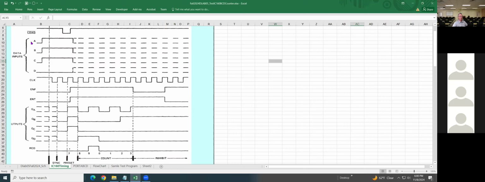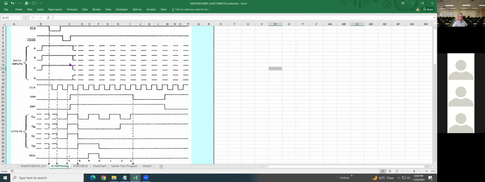In the timing here, you can see the first thing is clear 0. So you go clear 0 right here. Basically, don't care, right? QA, QB, QC, QD, they don't give a logic at all.